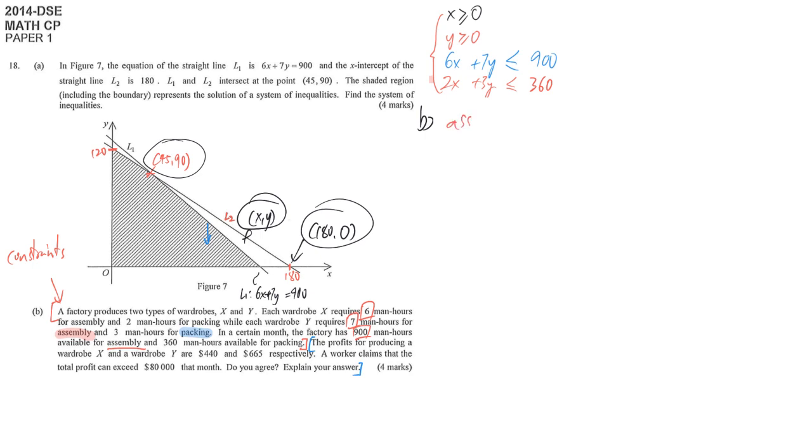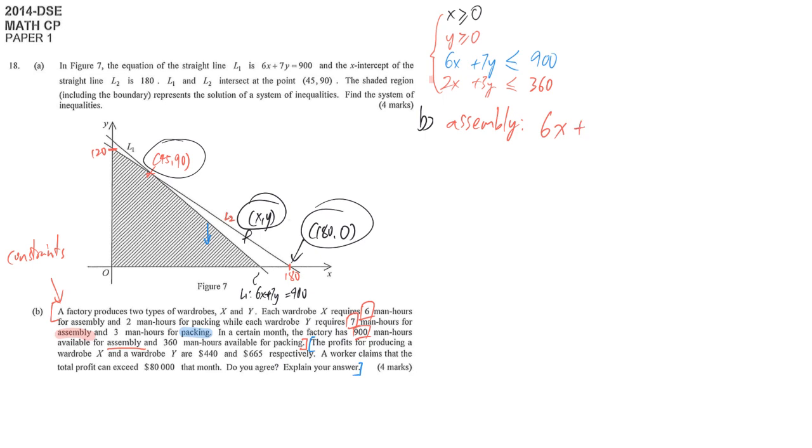So that means if we consider the constraint of assembly, the man-hours spent in assembling X and the man-hours spent in assembling Y can't exceed 900. One product X requires 6 man-hours. If we have X units of product X, then we have 6X man-hours spent.